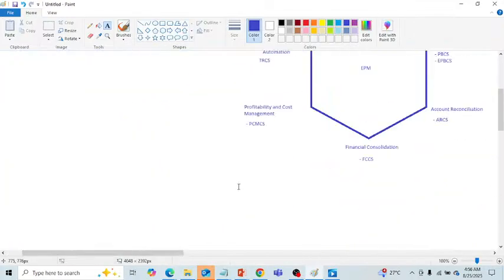Now we will discuss the EPM ecosystem, how ERP and EPM work together, and how EPM takes the data from ERP. You can see here, I will draw a box.